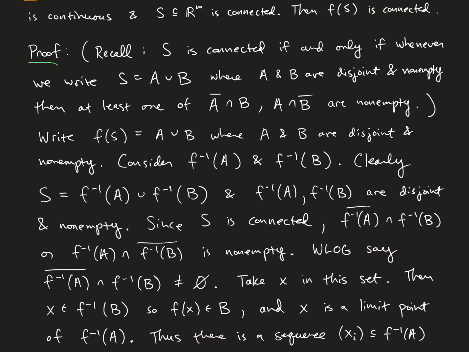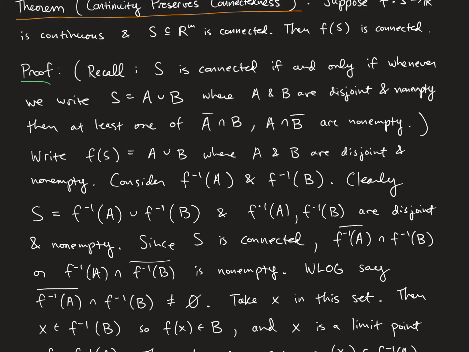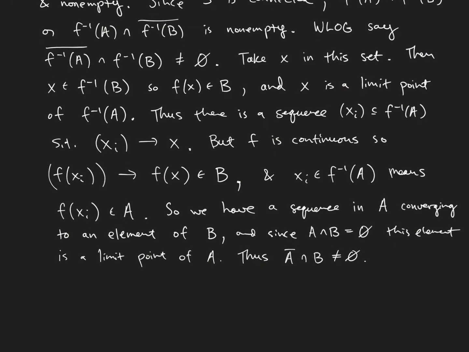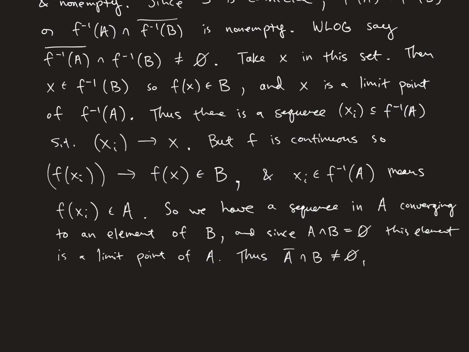But remember, that's exactly what we were trying to show to say that our set F of S is connected. We took this disjoint and non-empty decomposition, and we have to go up to our definition to say it's connected. We want to say that the closure of one of them intersected with the other one is non-empty, and that's exactly what we just did. So F of S is connected as claimed.